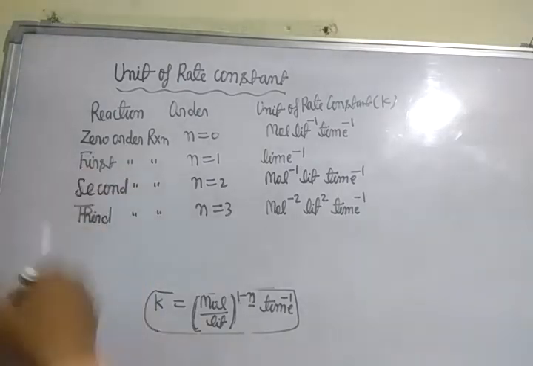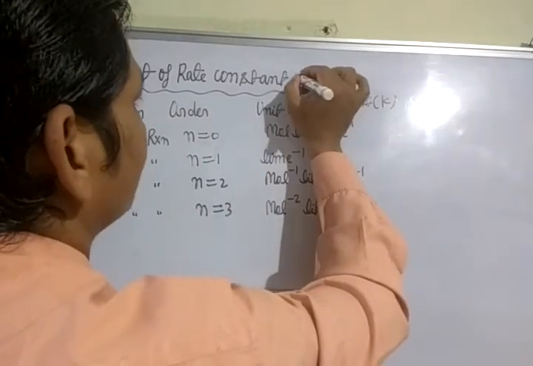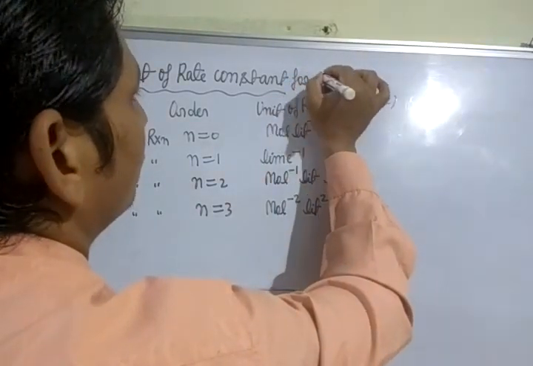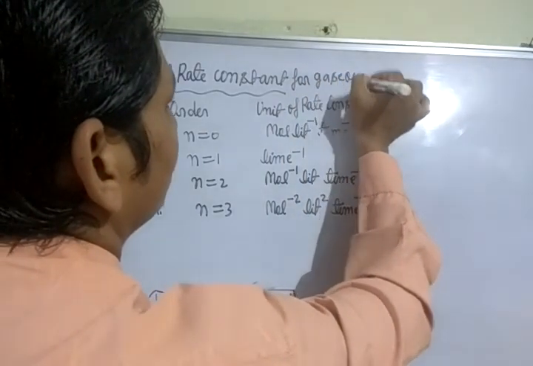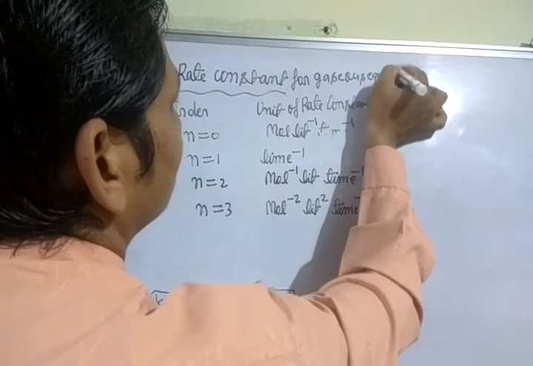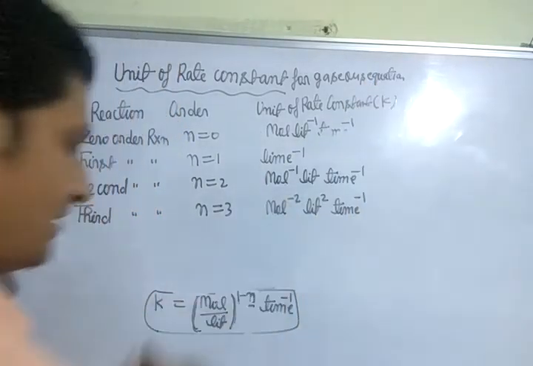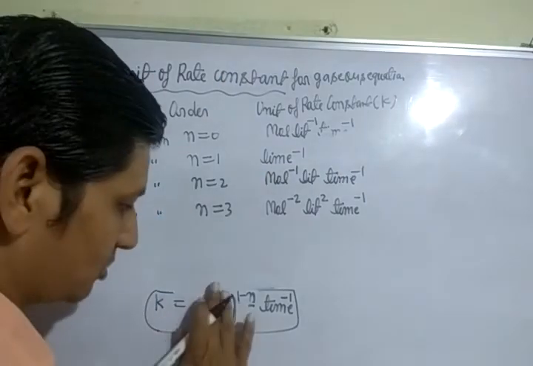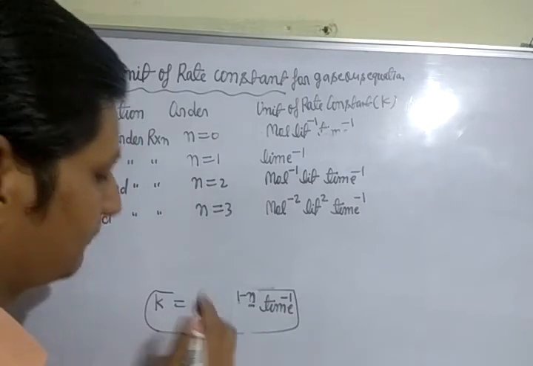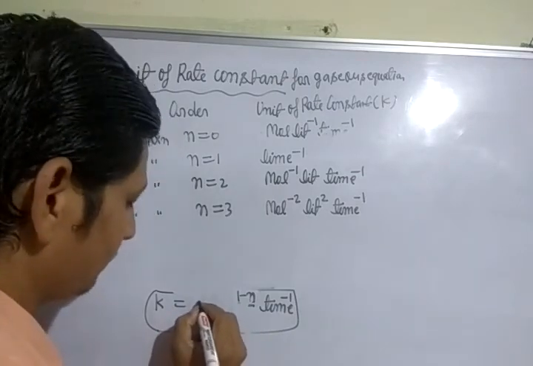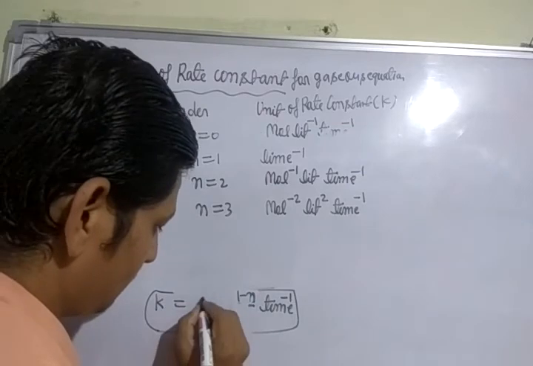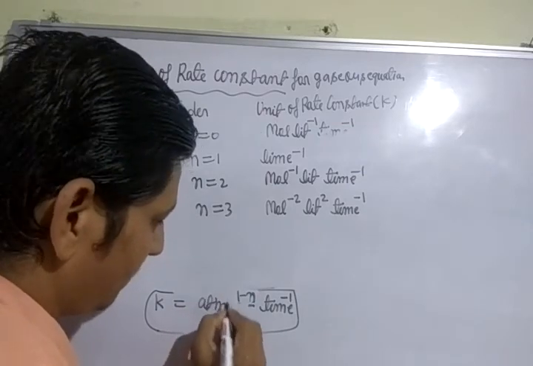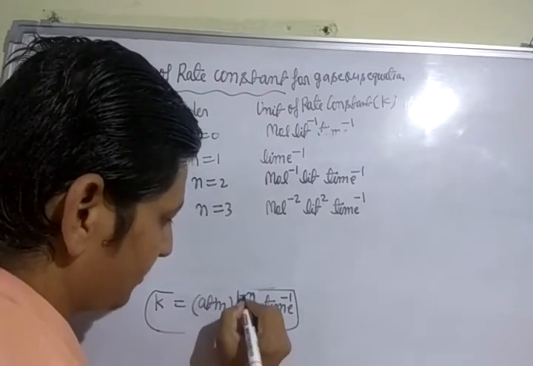Now I am telling you the unit of rate constant for gaseous equation. In case of gaseous equation we have to take atmosphere. In place of concentration we have to take atmosphere, ATM, atmospheric pressure.